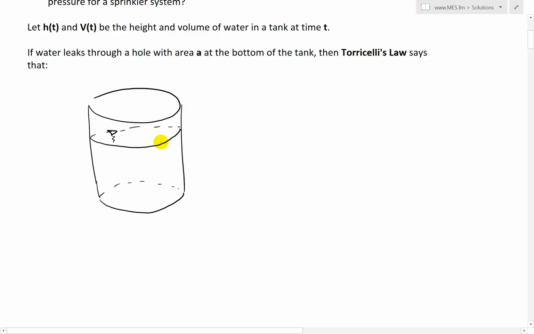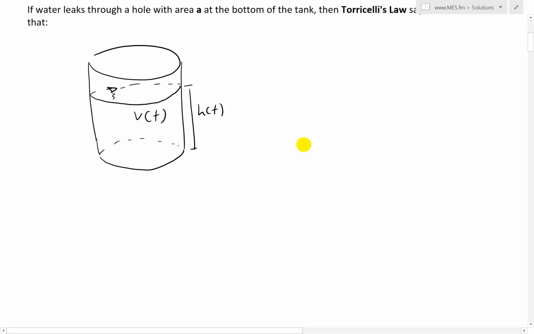So that's our water, and this is a height h of t, that's the depth, and inside has a total volume v of t of that water. And then this area here, let's just say there's a hole across here where it's leaking through, and this has an area equals A.